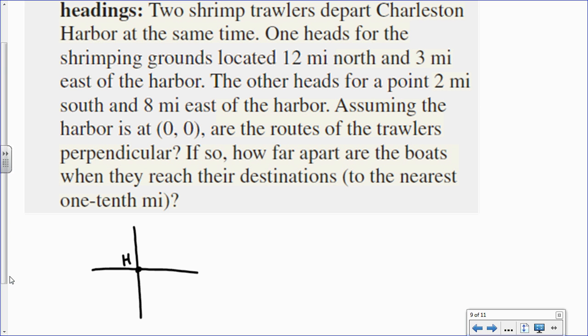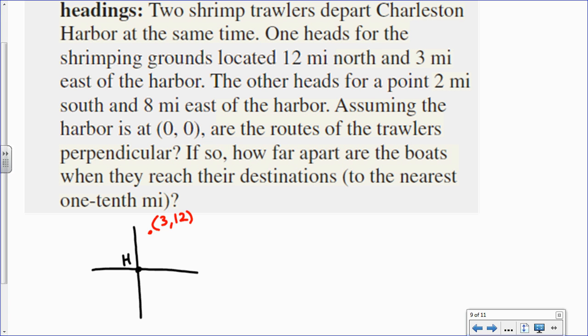So the first trawler goes 12 miles north, so that would be what direction? Up. And 3 miles east, so that would be right. So up 12, right 3. So as an ordered pair, that's 3, 12.